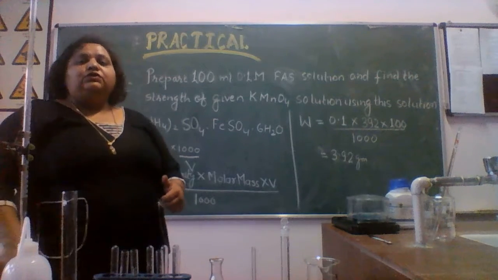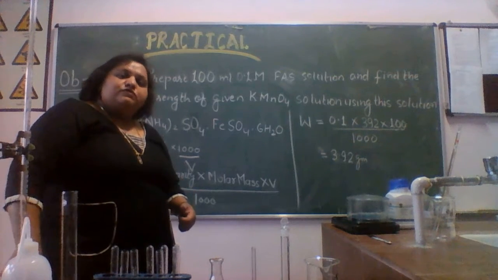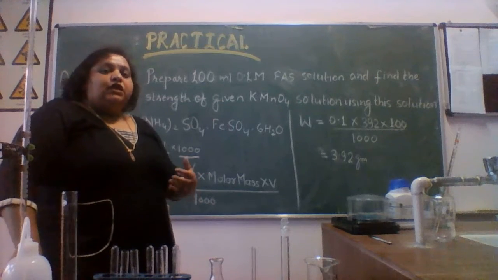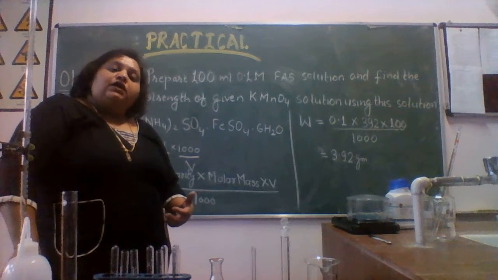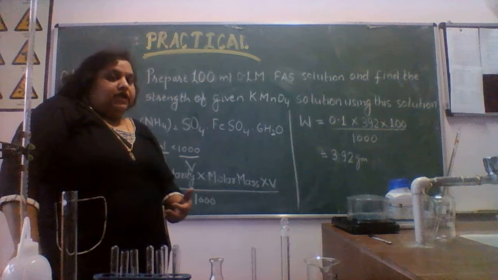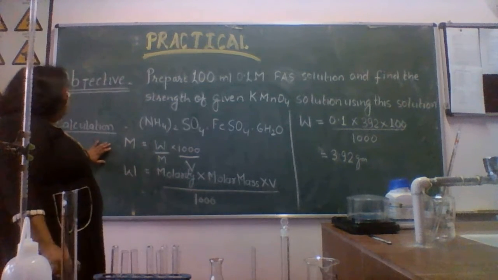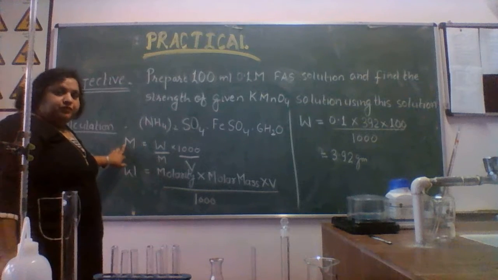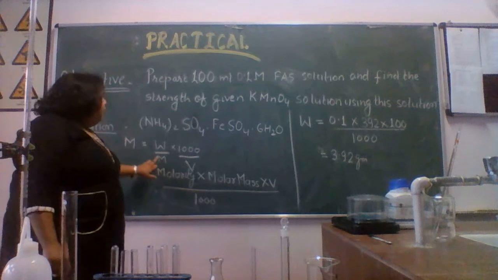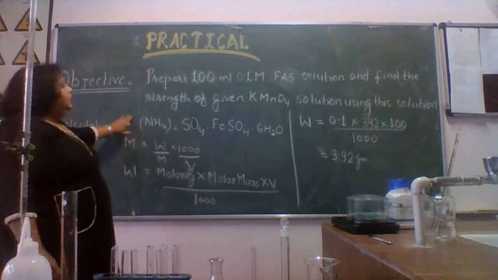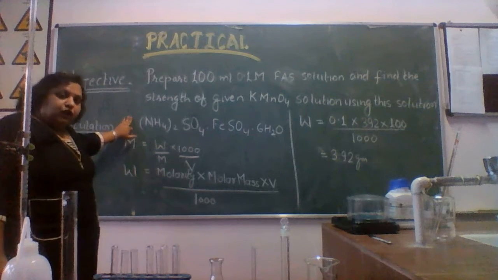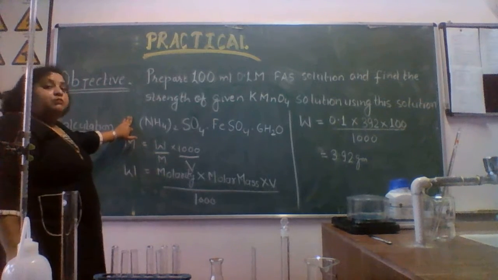Molarity is the method to express the concentration of a solution in which the number of moles per unit volume is expressed. Here, what are the quantities known to you? The molarity you know, right? Molar mass we can calculate from the given reagent. Sometimes we remember it also.